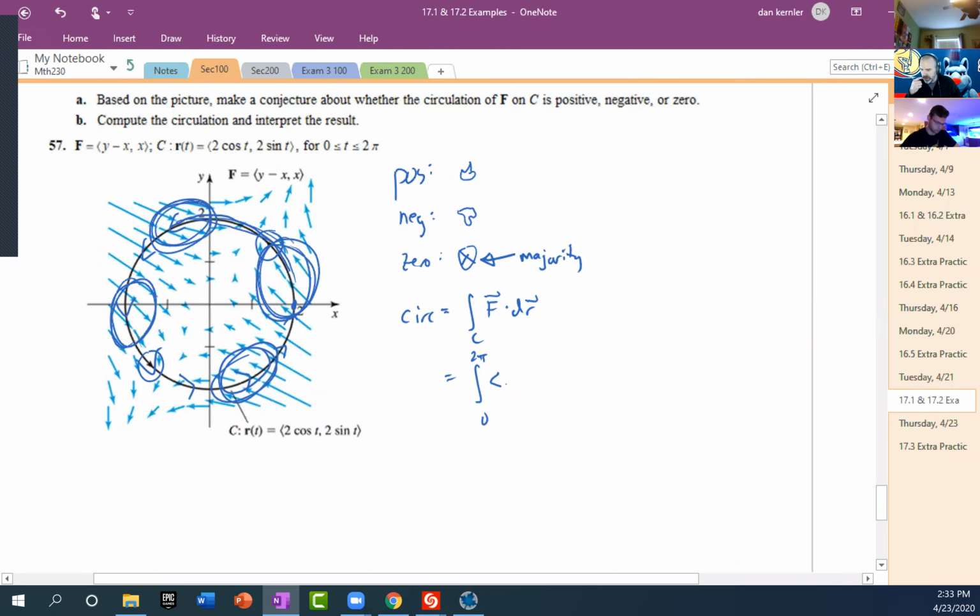F is y minus x, so that's 2 sine t minus 2 cosine t. And looking at the force field, y minus x and then x, so 2 cosine t. And then the dot product with r prime, negative 2 sine t, 2 cosine t dt.